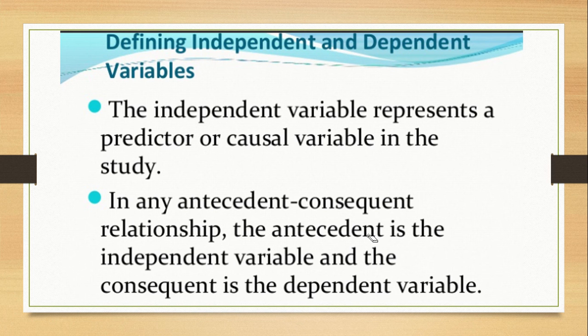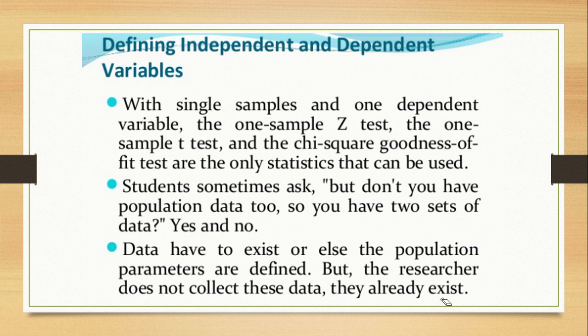Defining independent and dependent variables: the independent variable represents a predictor or causal variable in the study. In any antecedent-consequent relationship, the antecedent is the independent variable and the consequent is the dependent variable.